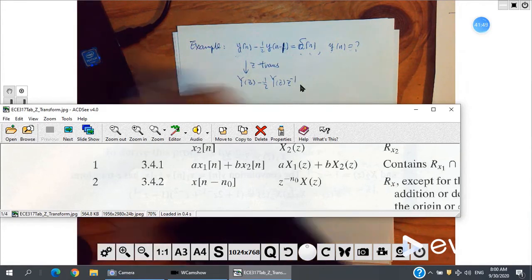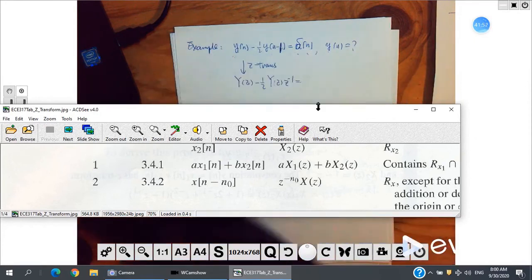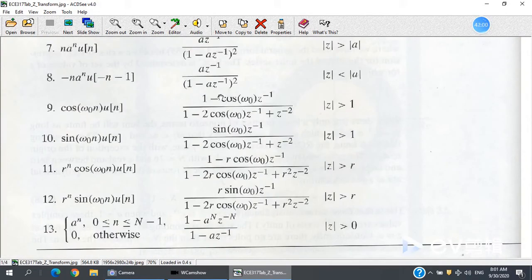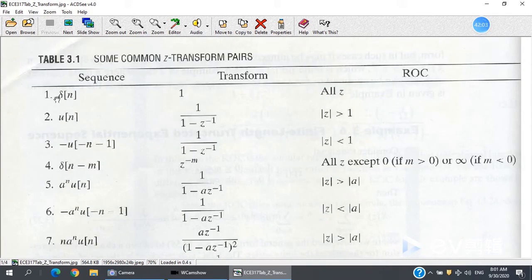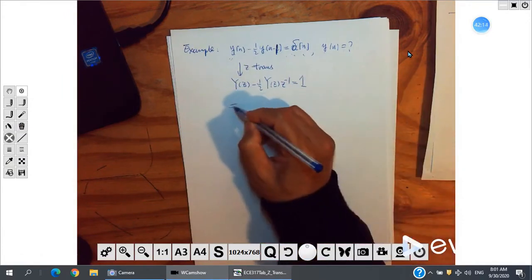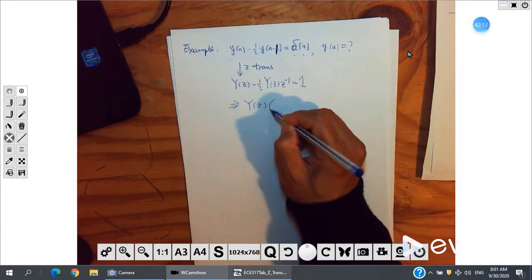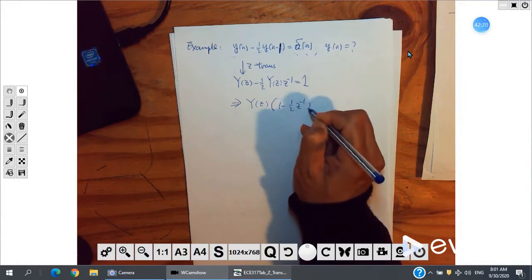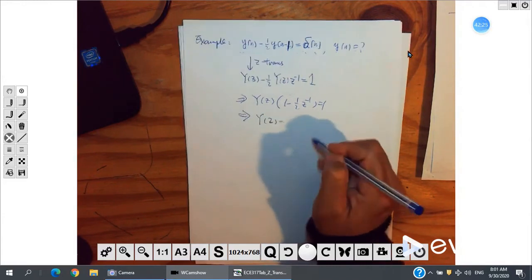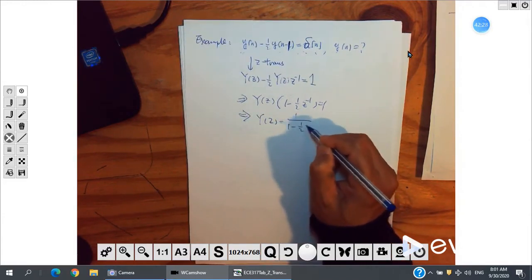Then the other side is equal to delta. What is the transform of delta? We have the table here. Delta by z transform gives you 1. So this is 1. Then you have Y of z times 1 minus half z to the negative 1 equal to 1. Then Y of z equals 1 over 1 minus half z to the negative 1.